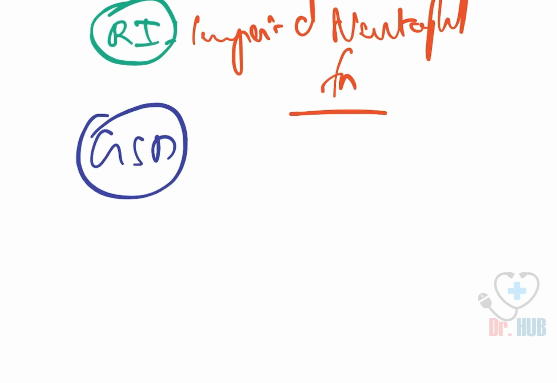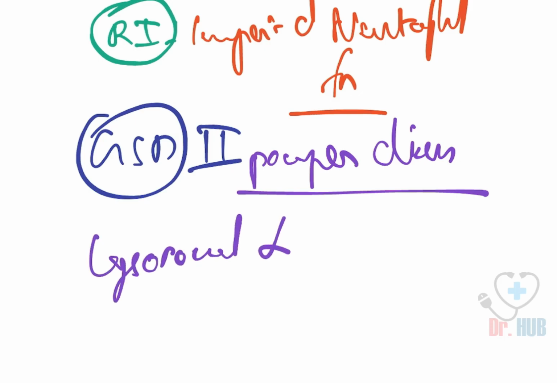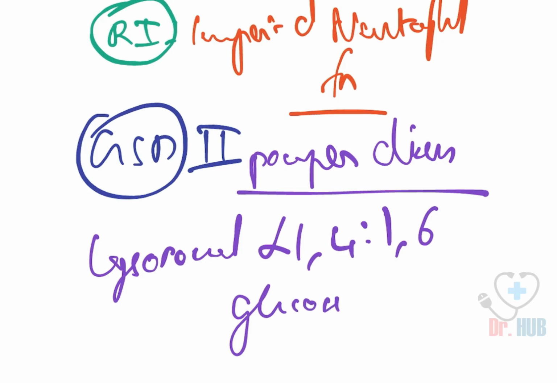Next we move on to GSD type 2. GSD type 2 is nothing but Pompe's disease. Here the enzyme defect is the lysosomal alpha 1,4 as well as 1,6 glucosidase. This is the acid maltase.